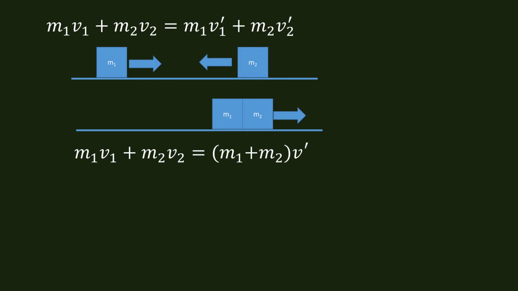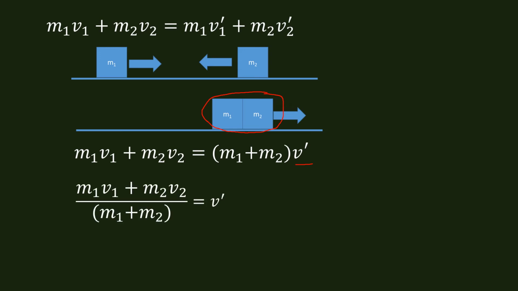Because we are going to have only a single velocity for these two masses, they will have V prime. We will lose the designation of V1 and V2 on the after. To solve for that velocity, we use this equation. This is the derived equation used for inelastic collisions in general.